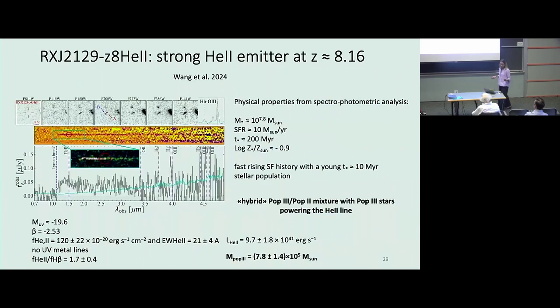And the last one is the helium-2 emitter from Wang et al., where again they interpret this as potentially due to a hybrid population, a Pop III, Pop II mixture, with Pop III powering the helium-2 line. So I think this is a very interesting perspective that we should try to pursue in the coming years.